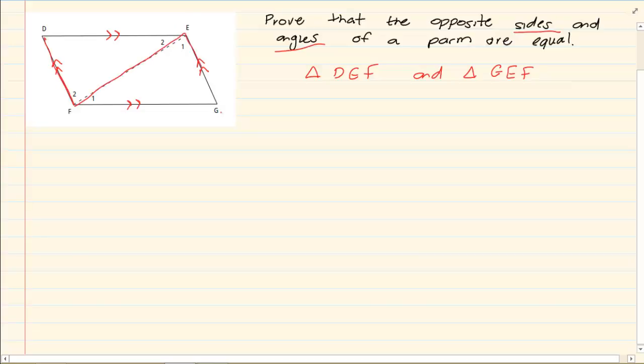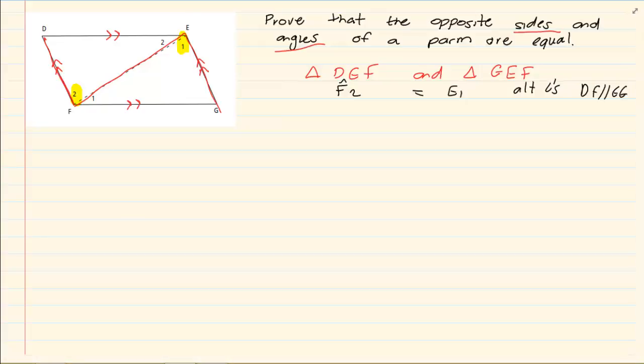We know they're parallel. So if they're parallel, I can say that F2 is equal to E1. Why? They are alternate angles. I know that because DF is parallel to EG. Then I have the second angle. Why?